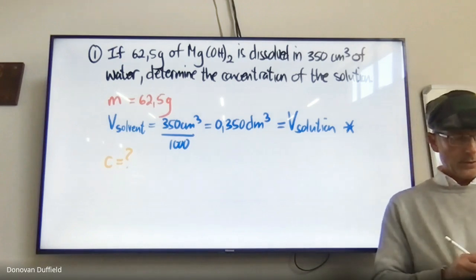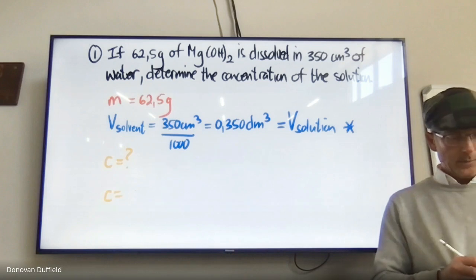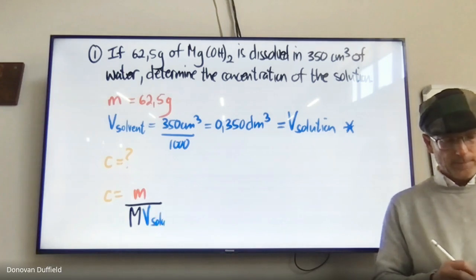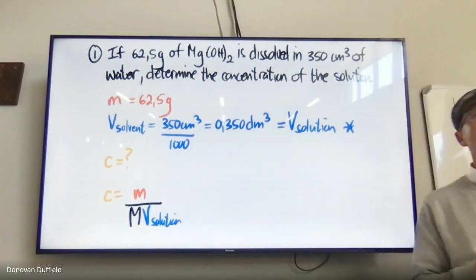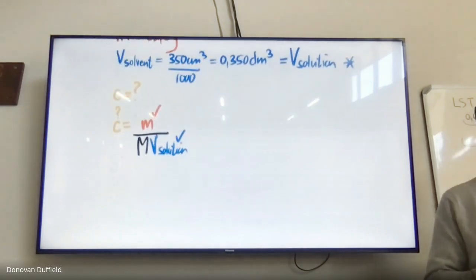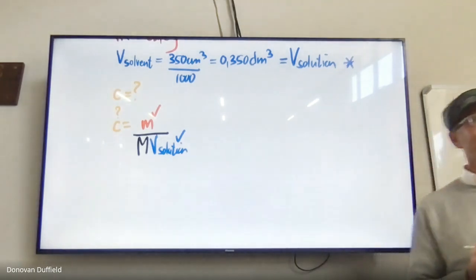Don't we have that concentration is mass over molar mass times volume of solution? So what do we have? We want the concentration, we have the mass, we have the volume of the solution. What don't we have? We don't have the molar mass.